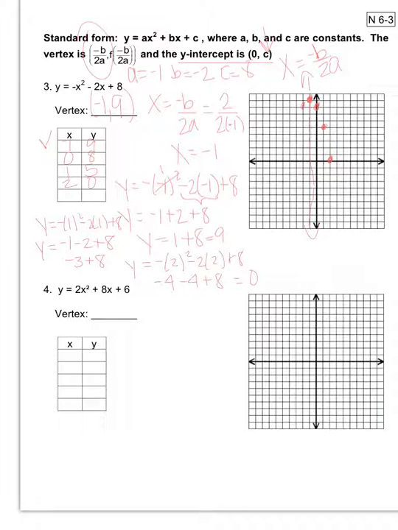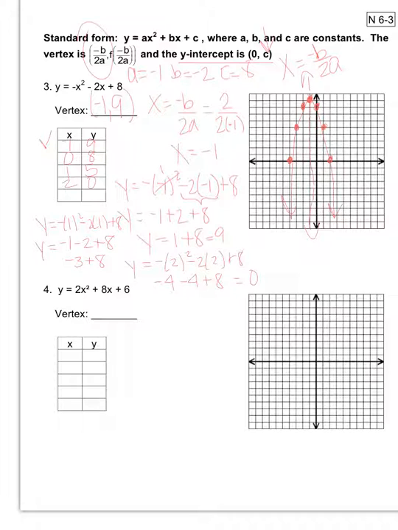And then you can reflect your other points over that axis of symmetry line to find your other points on the parabola. And then you can connect. And there you have your graph. So when it's in standard form, in order to find the x value of your vertex, you will plug into the formula negative b over 2a.